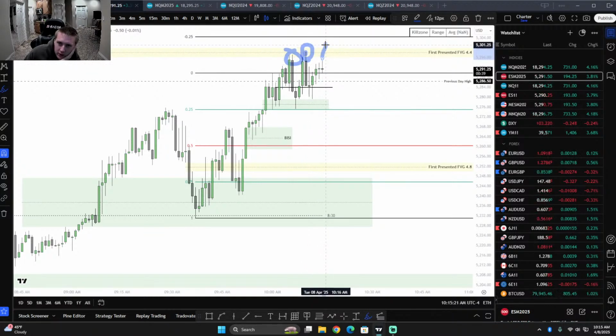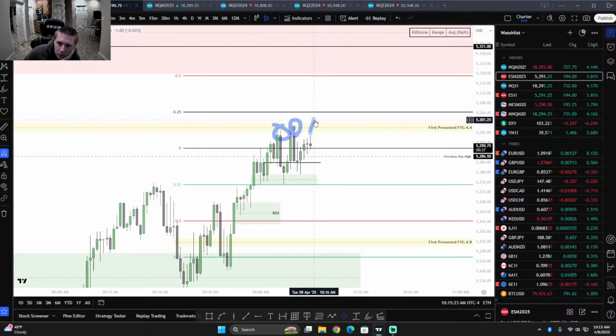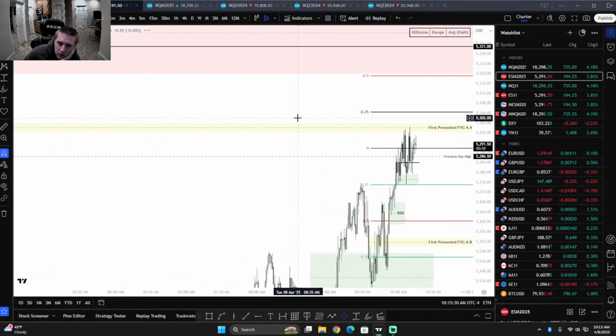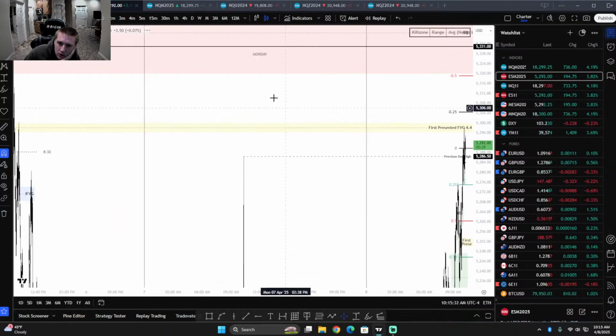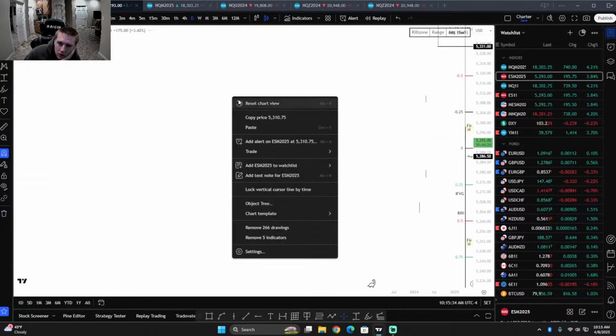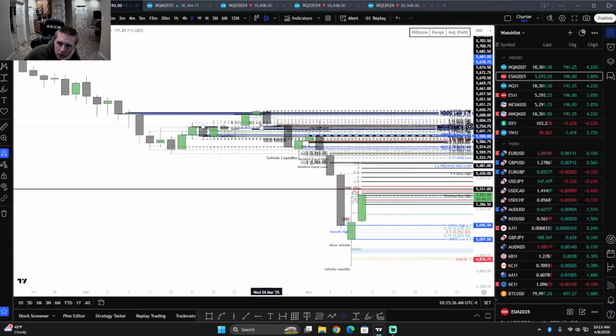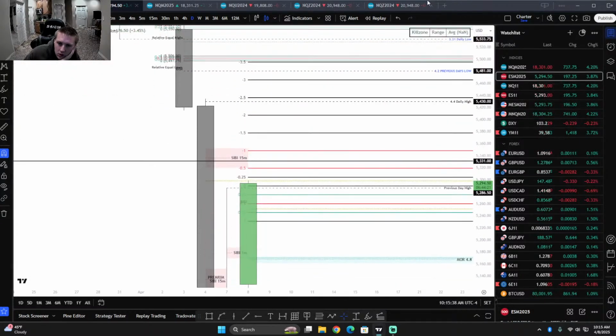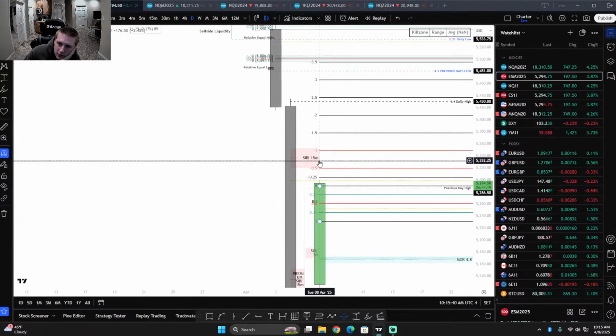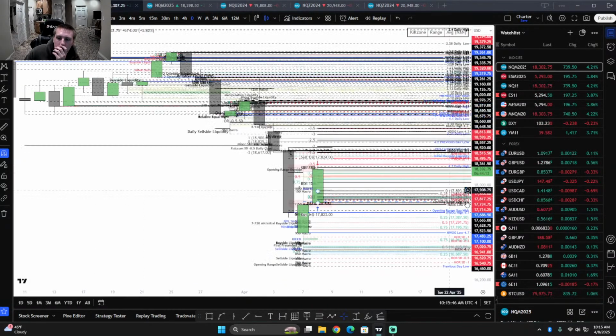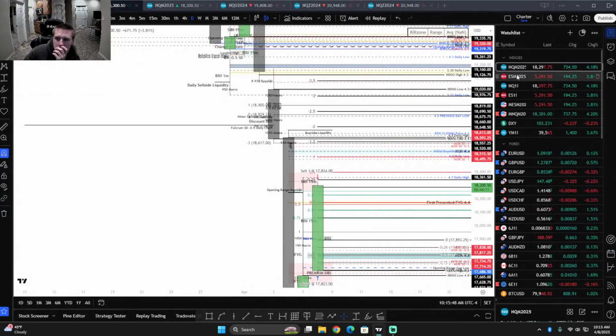If it trades above it, either we'll expand into that SIBI, because ES already traded into its daily SIBI. NQ hasn't.